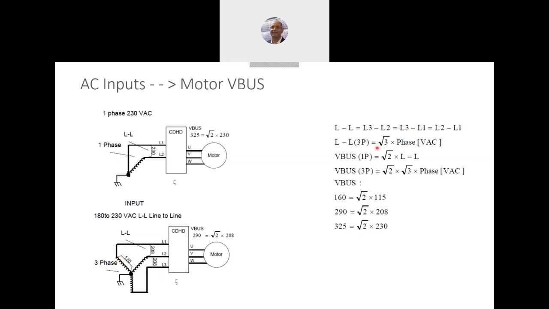So here on the right side and also on the handout paper, you see all the relationships. The three most common ones are 160 or 115, this is in USA, 230, or the 380, which you have in Europe and USA.